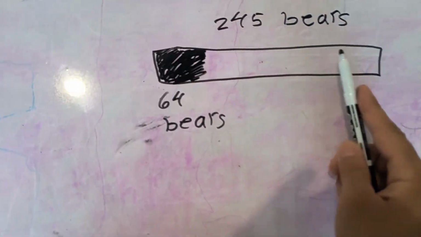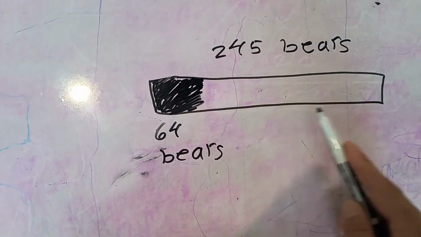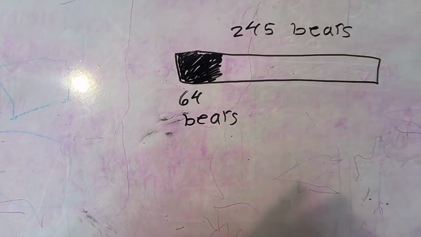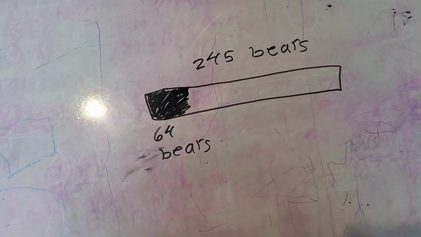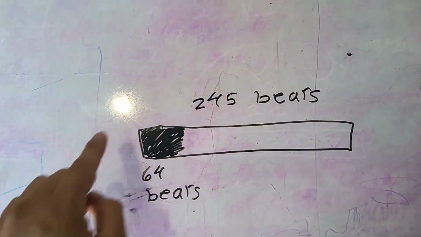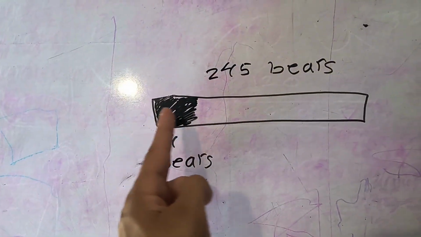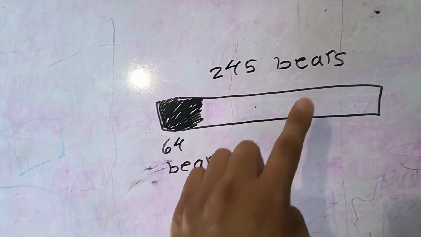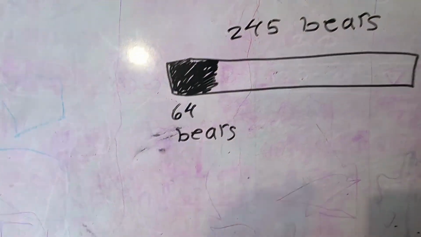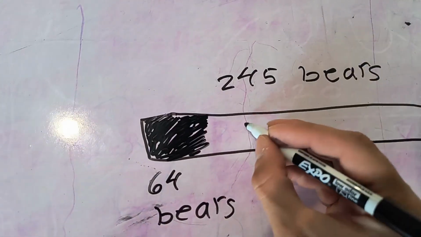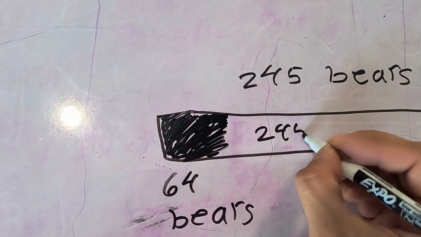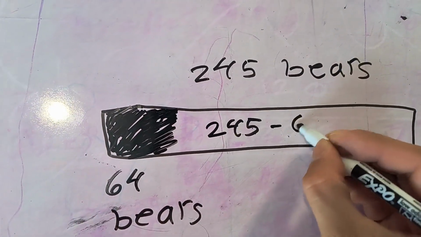That means that this part right here, this part that's not shaded in, is going to be equal to the amount of bears that we have left, which is going to be equal to the whole thing minus this part. So it's going to be equal to 245 minus the 64.